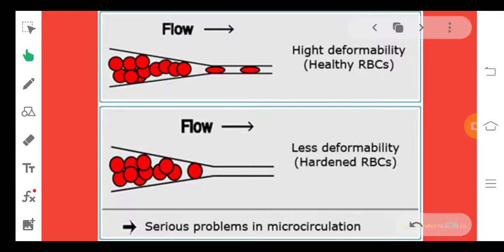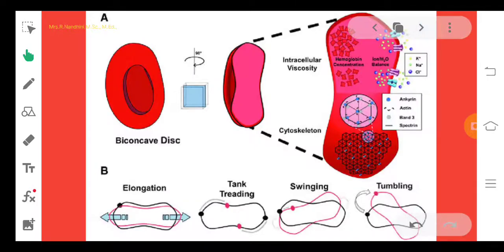Due to the microcirculation process, less deformability RBCs. These are hardened RBCs. They are not going through the microcirculation, but the healthy RBCs go through and are involved in the microcirculation.